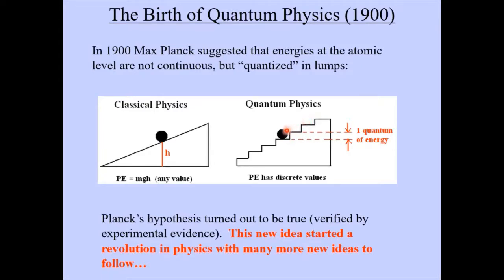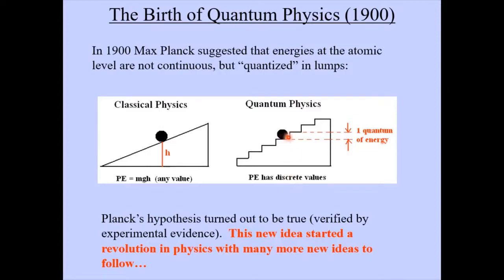And just like a regular stair step, we can't be in between two steps. We're either on this step, or this step, or this step, etc. So the potential energy in this case has discrete values. In other words, it's not a continuous spectrum of energies anymore.